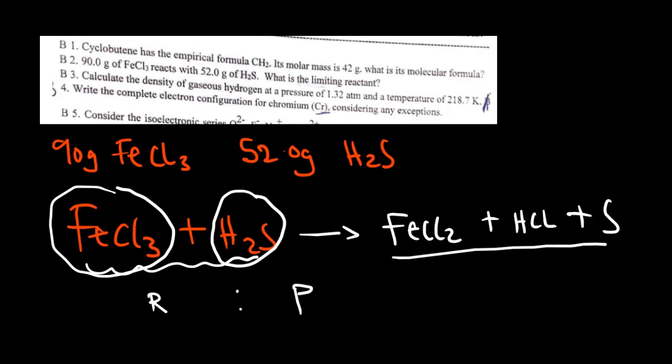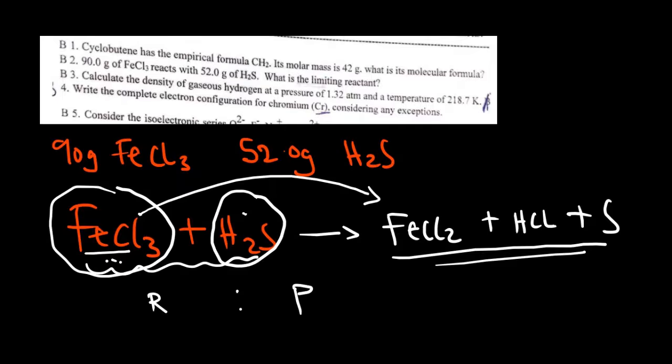Once you get the moles of iron 3 chloride, you get its mole ratio and compare it to any one of the products that you want. We're also going to do the same for this one and compare it to any one of the products. If I compare this first reactant to a certain product using mole ratios, I calculate the amount of product obtained if I use this iron 3 chloride.